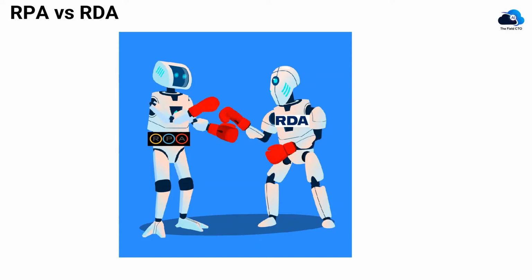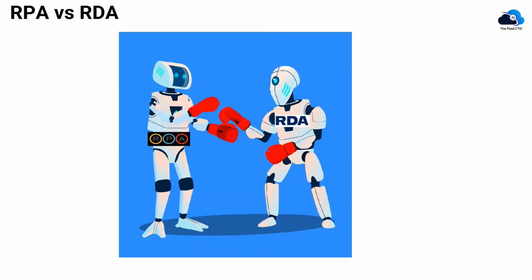They are both somewhat the same yet very different. Stated in its simplest form, RPA is about automating user tasks, processes, and workflows. And RDA is about automating data tasks and data pipelines.